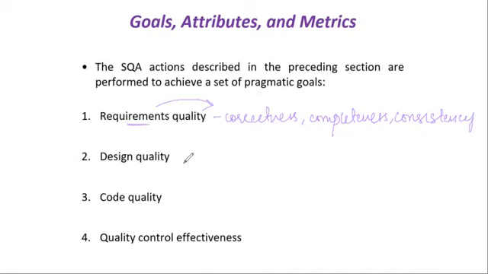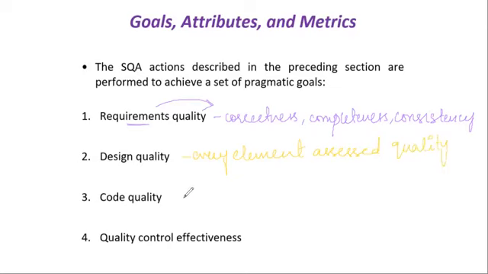So the software quality assurance team is going to look at each and every attribute of the design so that they achieve high quality. Every element is assessed for quality.